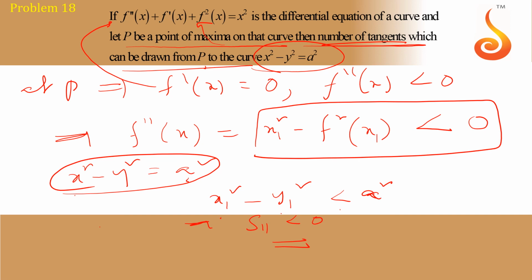We got that the point P lies outside with respect to the hyperbola. So there can be two tangents we can draw.